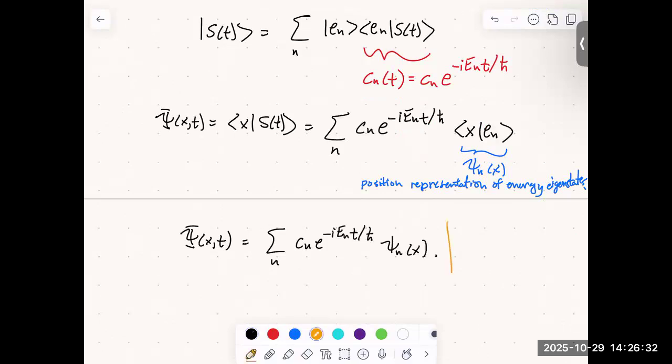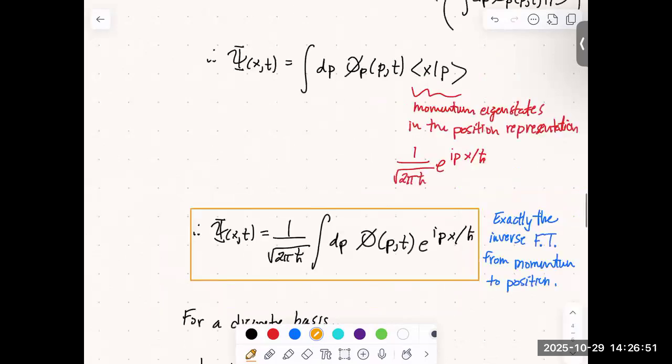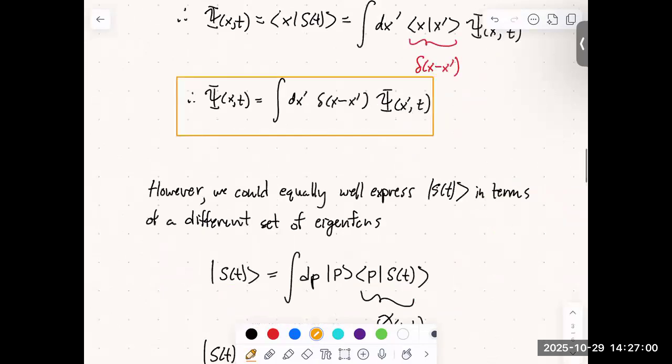And so there are 3 distinct but equivalent ways of representing the exact same wave function. And the difference is just, is it expressed in terms of energy eigenstates? Or is it expressed in terms of momentum eigenstates? Or is it expressed in terms of position eigenstates?